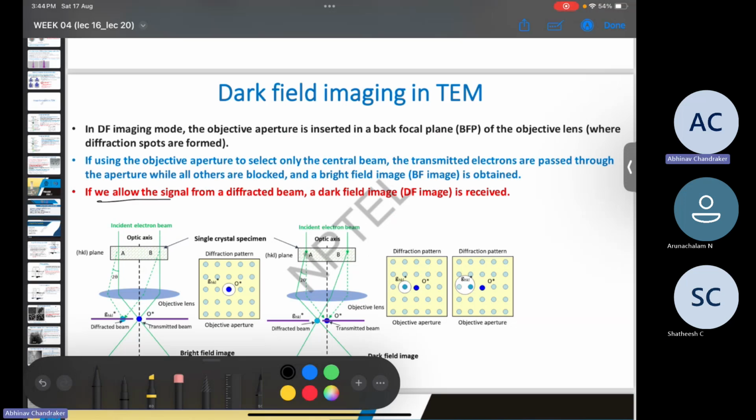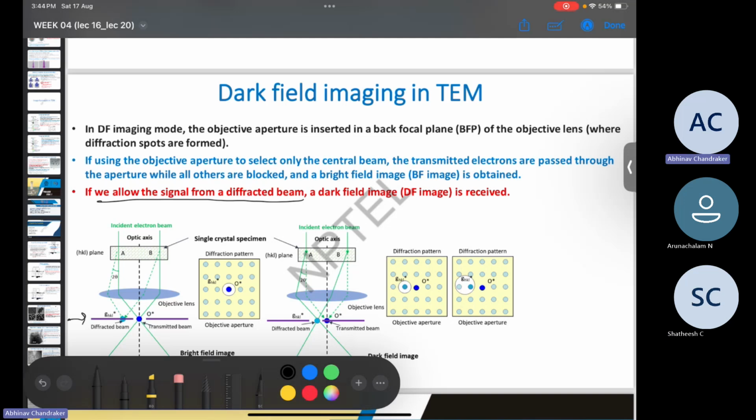So we allow only signal from the diffracted beam, and this is done by keeping an aperture in the objective, on the back focal plane of the objective lens. Here we have the back focal plane, and this is the plane where the beam of electrons get focused. That's why it is called back focal plane.